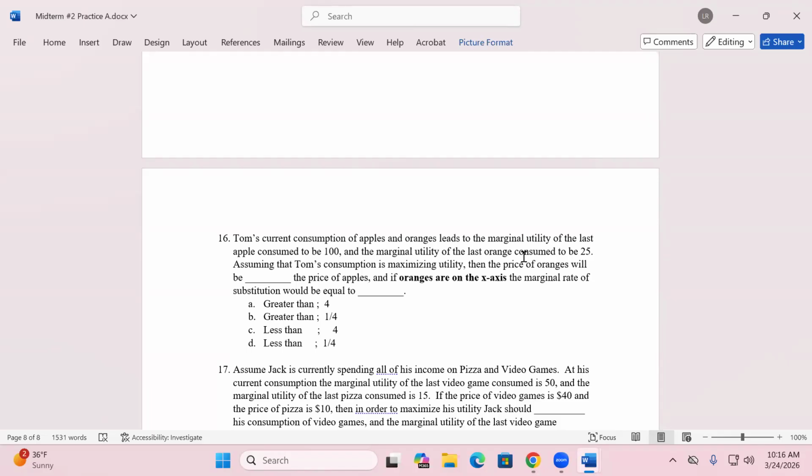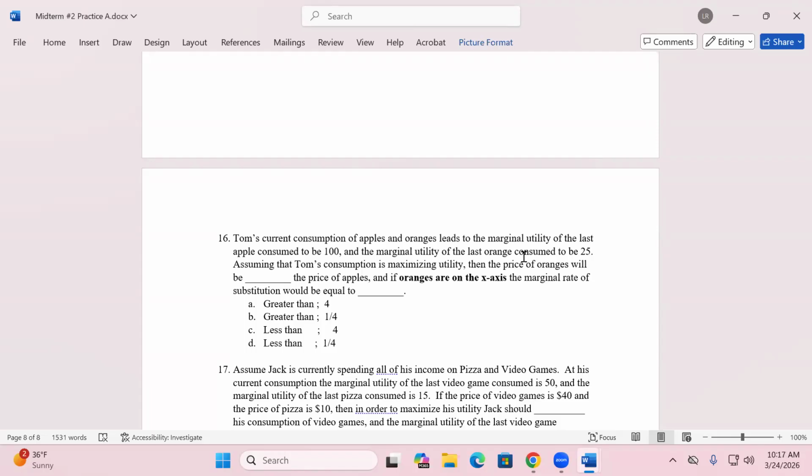So I'll do the marginal utility of oranges over the marginal utility of apples must be the same as the price of oranges over the price of apples. I told you the marginal utility of the last orange was 25. Marginal utility of the last apple is 100. So I know my relative prices must be equal to 0.25. Okay. So what's going to happen?